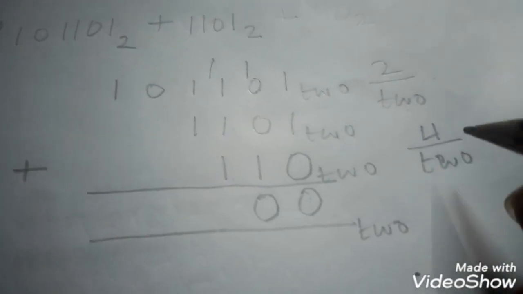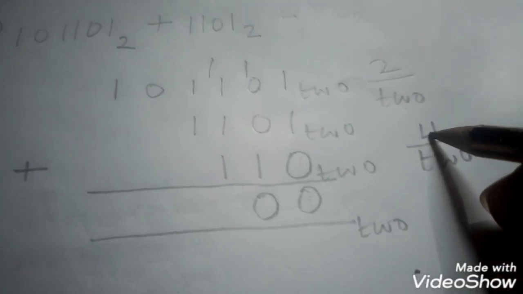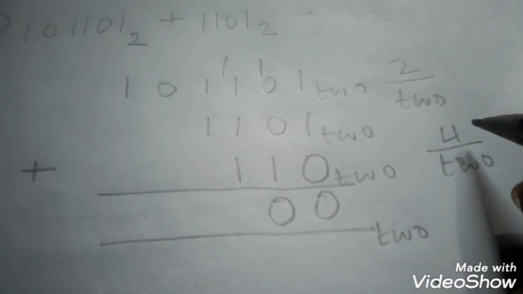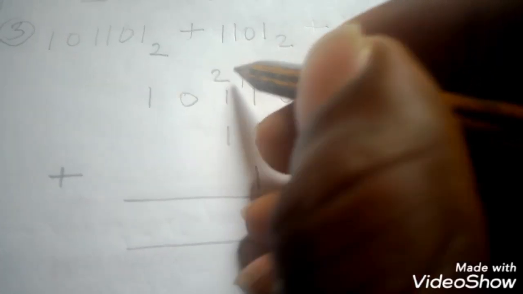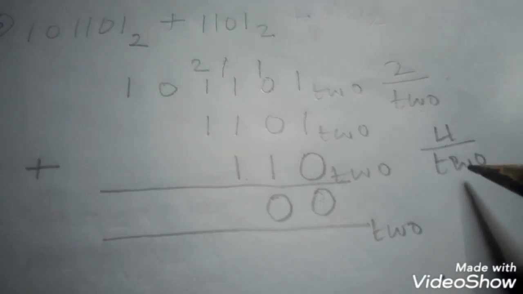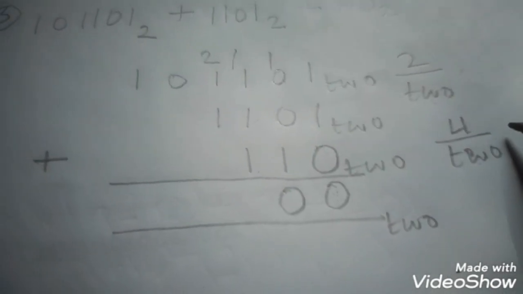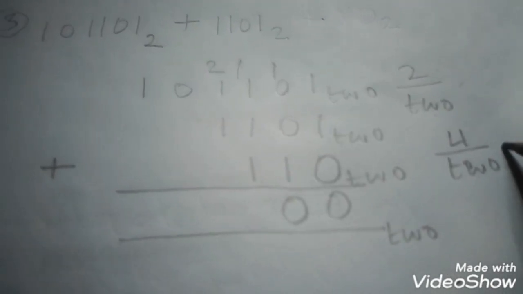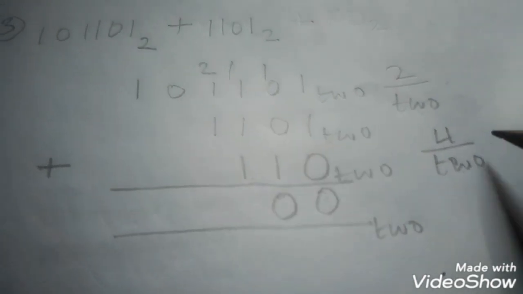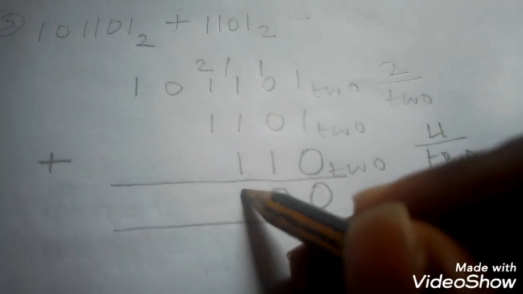So how many 2 can you see in 4? I can see 2. Okay? So you write the 2 up here. Remember, the 2 was the number of 2 we could see in 4. So when we saw 2 in 4, what was remaining? Nothing was remaining. There won't be any remainder. So that means over here I'm going to write 0.